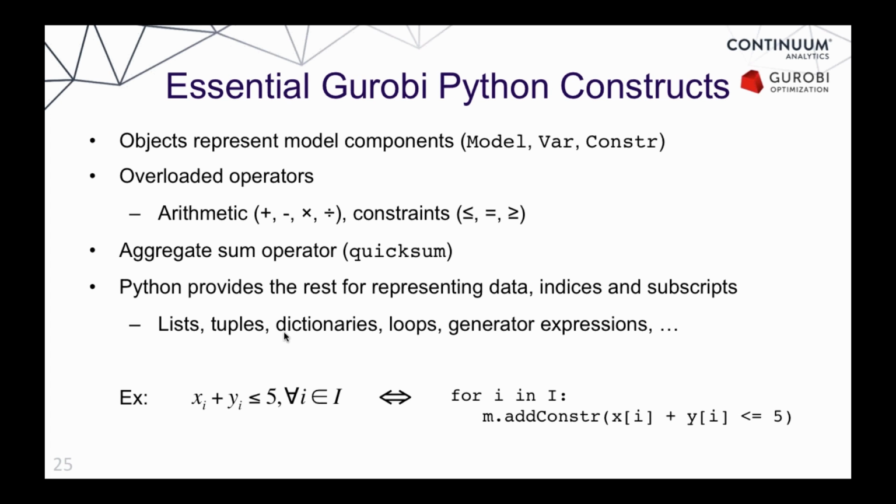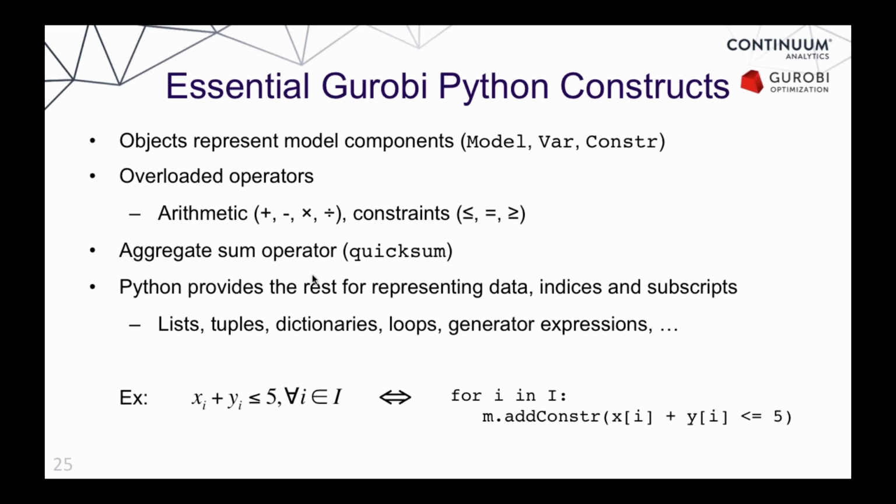So let's introduce some of the essential constructs you should be familiar with in order to get started. When you think of an optimization model, the three components I mentioned earlier are typically what come to mind: decision variables, an objective function, and constraints. There are objects in this interface to represent those components. You have the model object for a general model, but you also have Var and Constr objects which represent individual variables and constraints in those models.